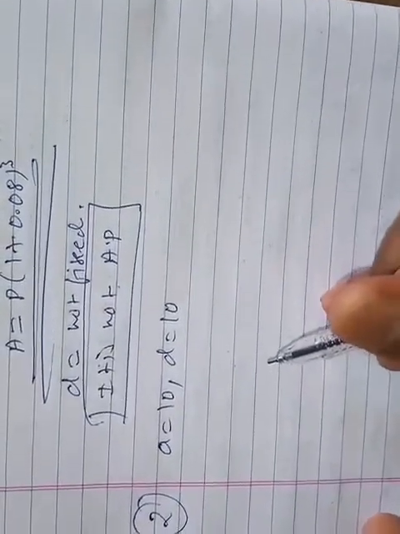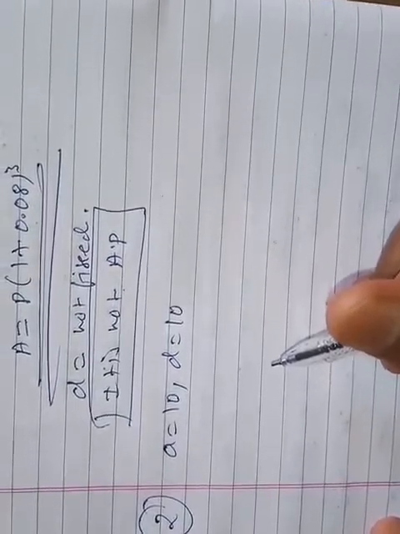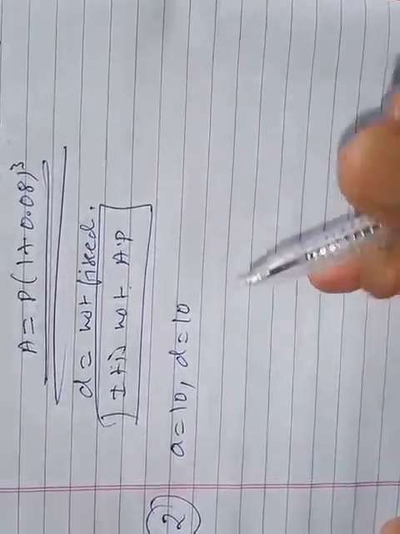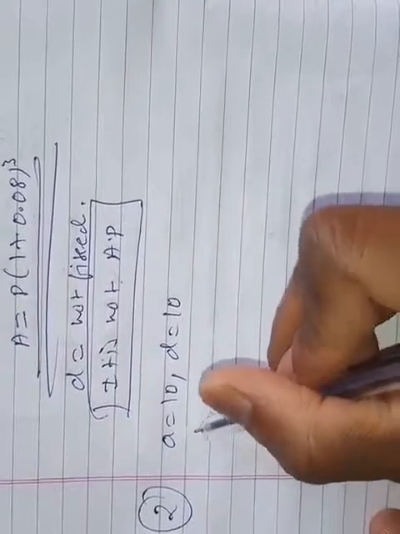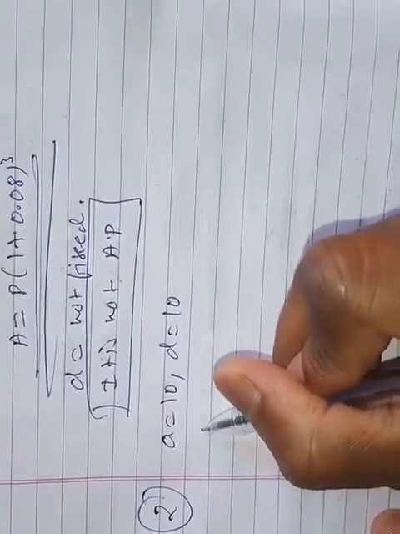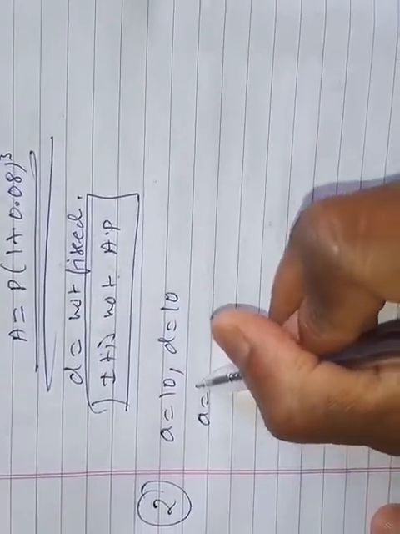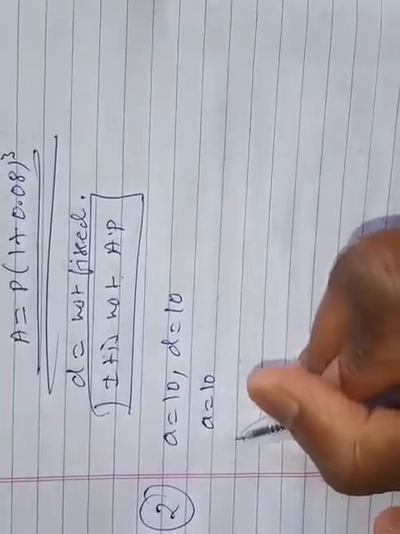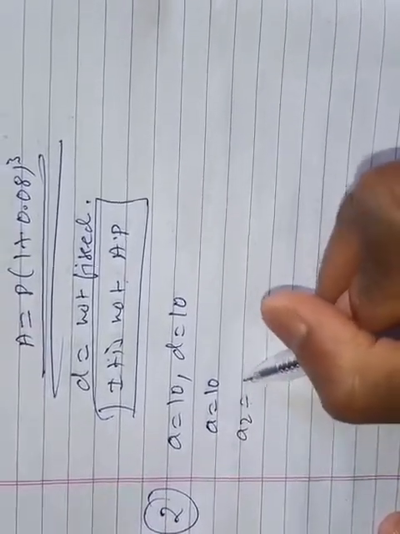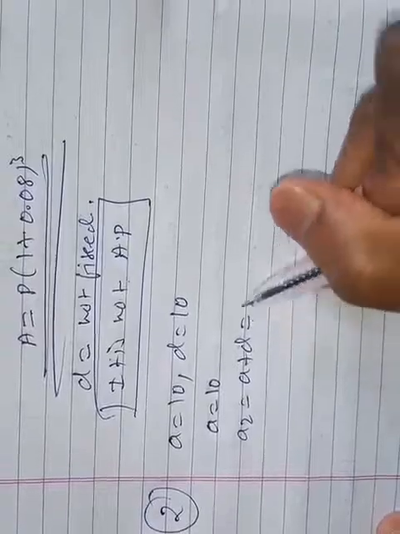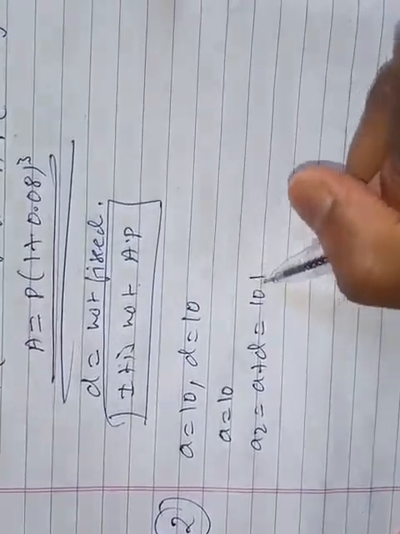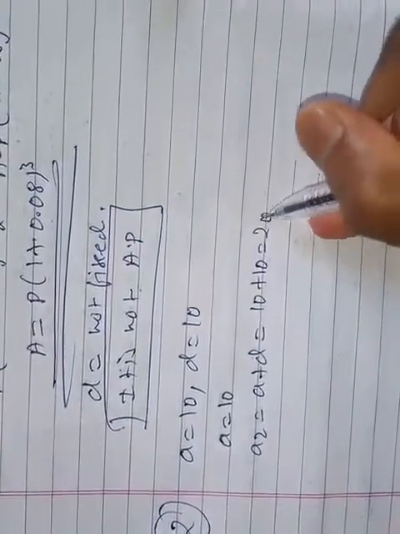We have to find the arithmetic series. So the first term A1 will be A, and the second one, A2, will be A plus D. So it will be 10 plus 10, it will be 20.